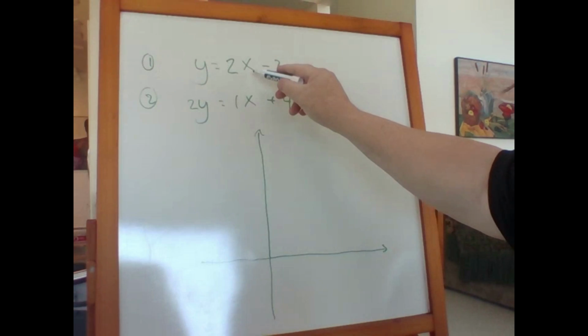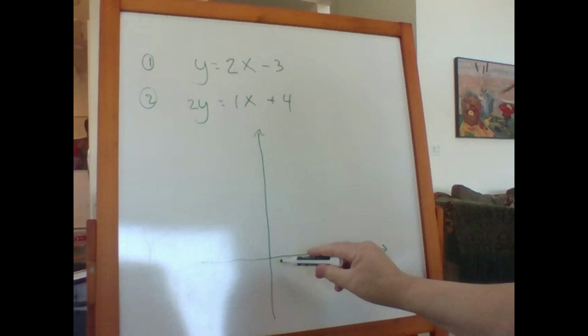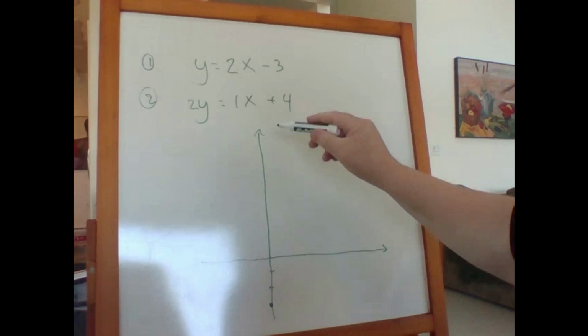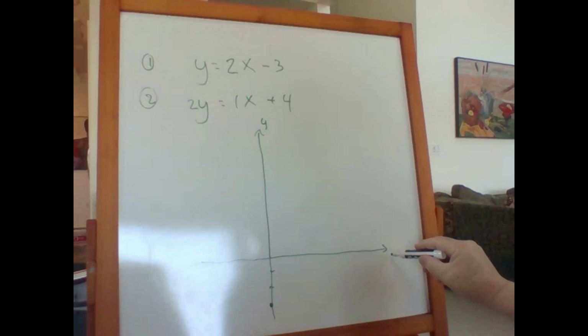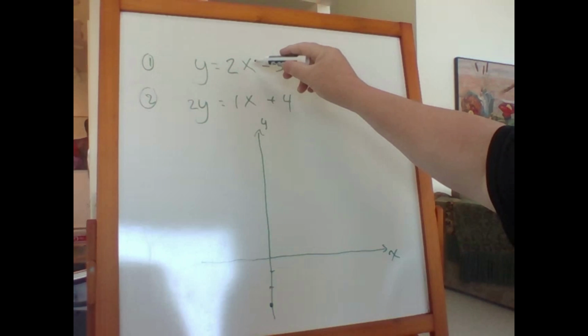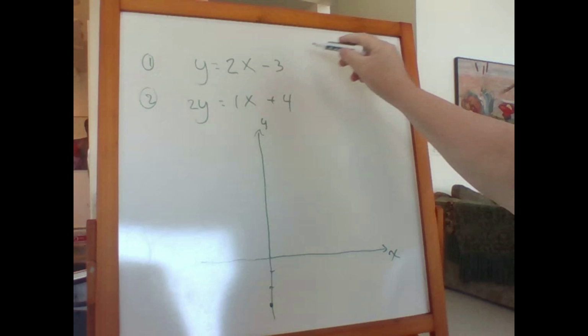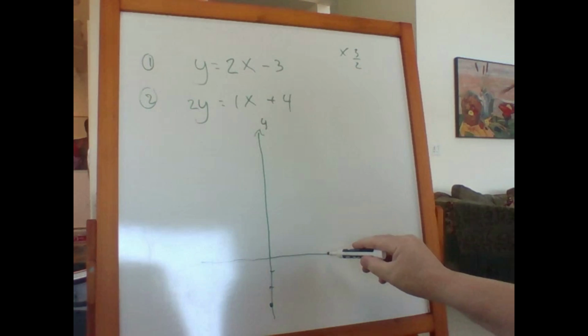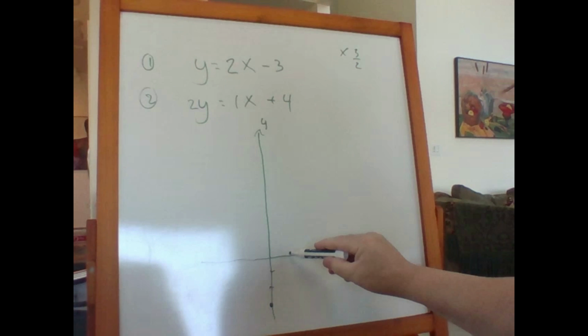When x is 0 in the first, y is minus 3, so we have 1, 2, 3, and that's where it crosses the y-axis. And we have the x-axis, and then y is 0 when x is 3 halves. So when x is 3 halves, y is 0.